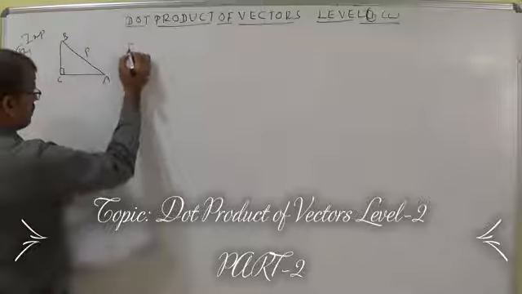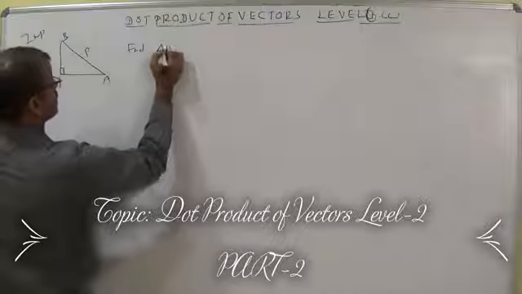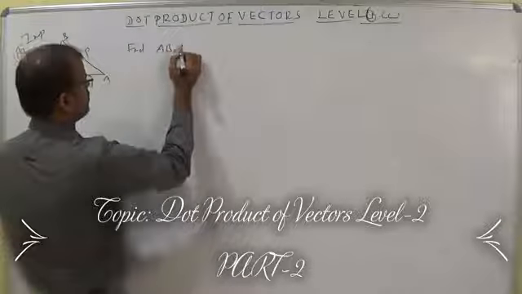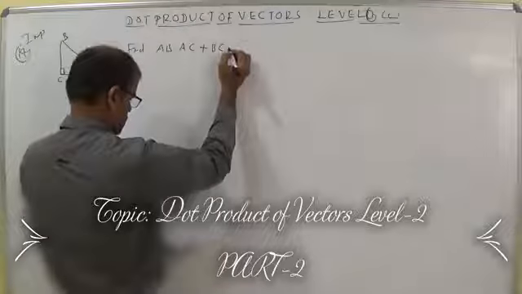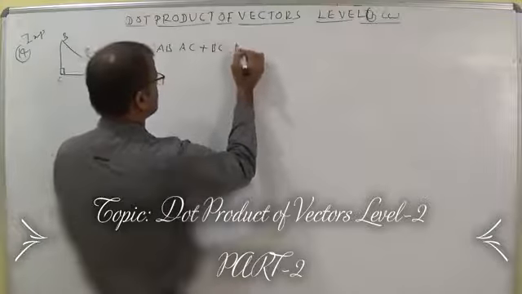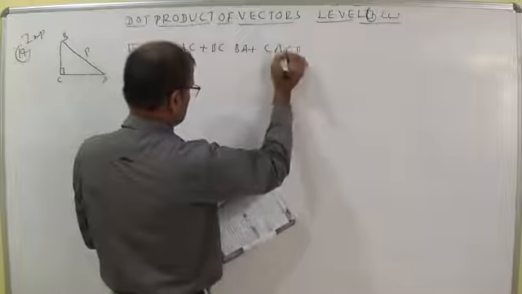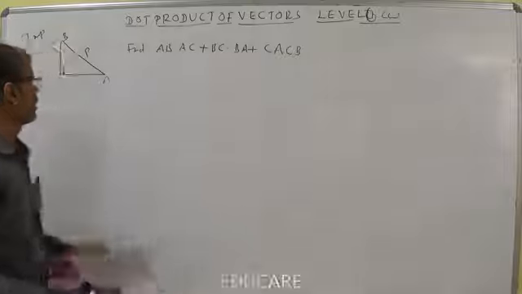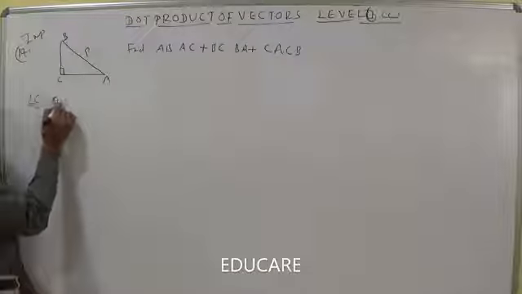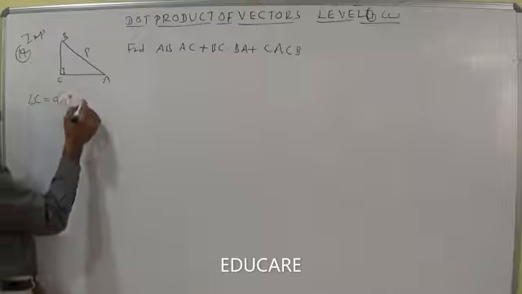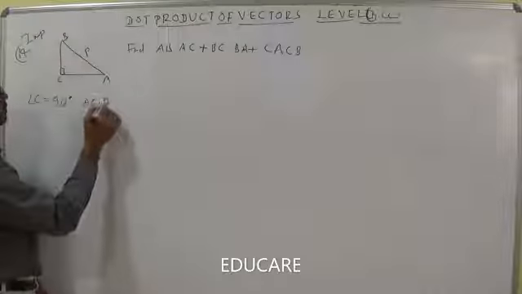Now find, using this data, you should calculate AB dot AC plus BC dot BA plus CA dot CB. Whenever angle C is equal to 90 degrees, the dot product of the two vectors based on the angle equals 0.